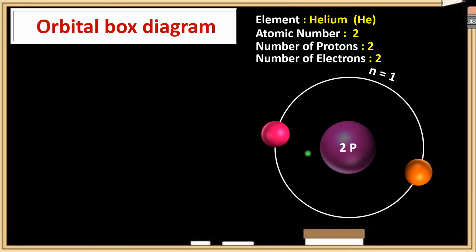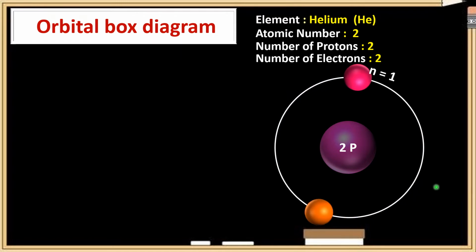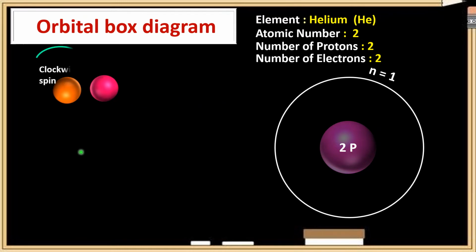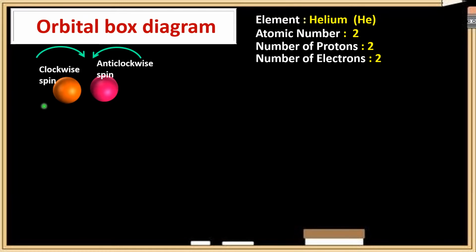First I will place these two electrons in the 1s orbital. You can see here, these two electrons have opposite spin. This electron has clockwise spin and this electron has anti-clockwise spin.